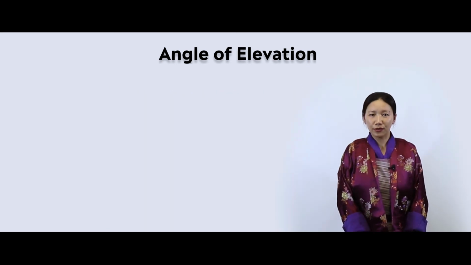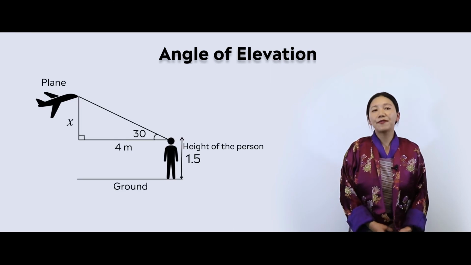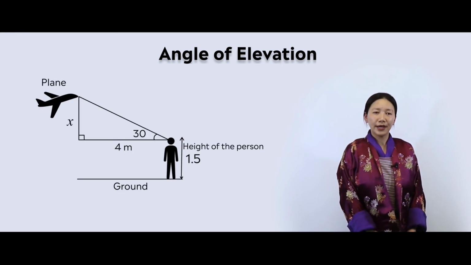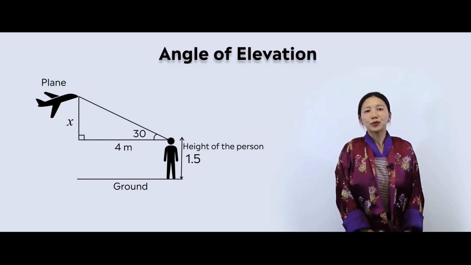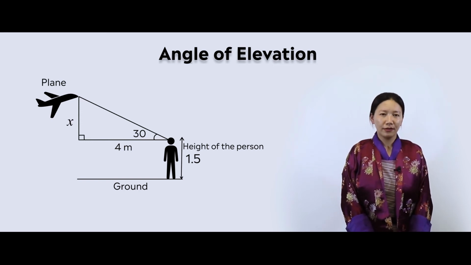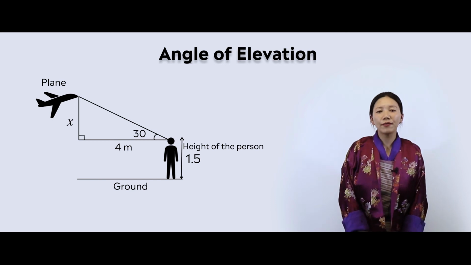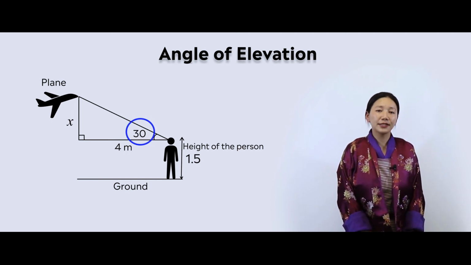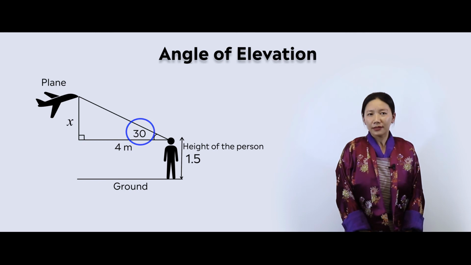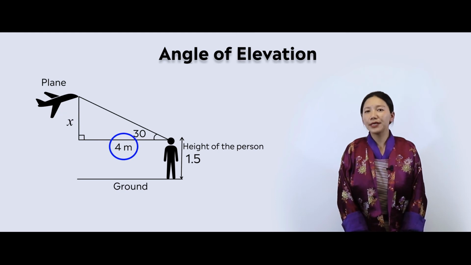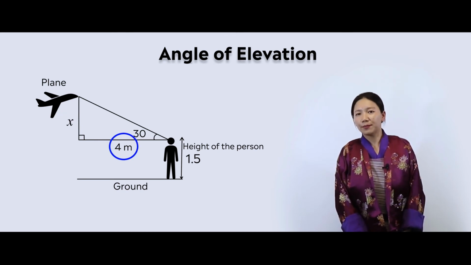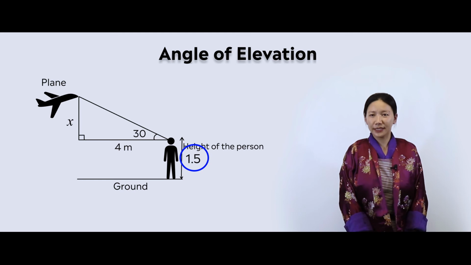Now after understanding the concept of angle of elevation, we will consider the same figure. We are going to find the height at which the plane is flying. So the known information in the figure is the angle of elevation, that is 30 degrees, and the opposite is x, and the horizontal length is 4 meters, and the height of that person is 1.5 meters.